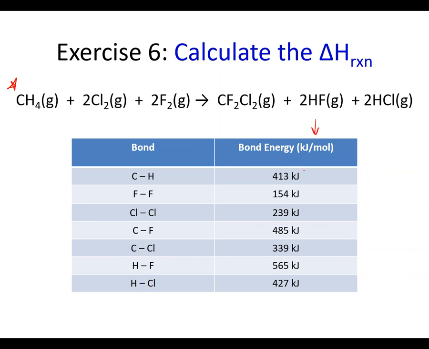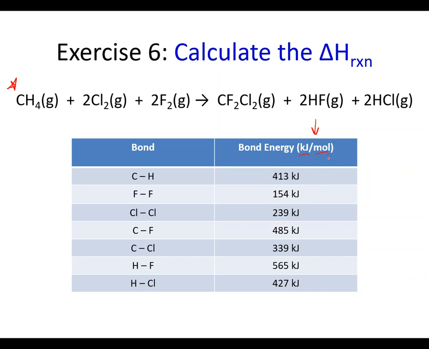The other thing they will give you is the list of the bond energies. Here's the bond, here's the amounts of energies, the kilojoules per mole of the bond. And what you'll see here is this table of energies. Now, in the problem set, I'm not sure exactly how it's going to be set up, so I'm just going to go ahead and tell you.